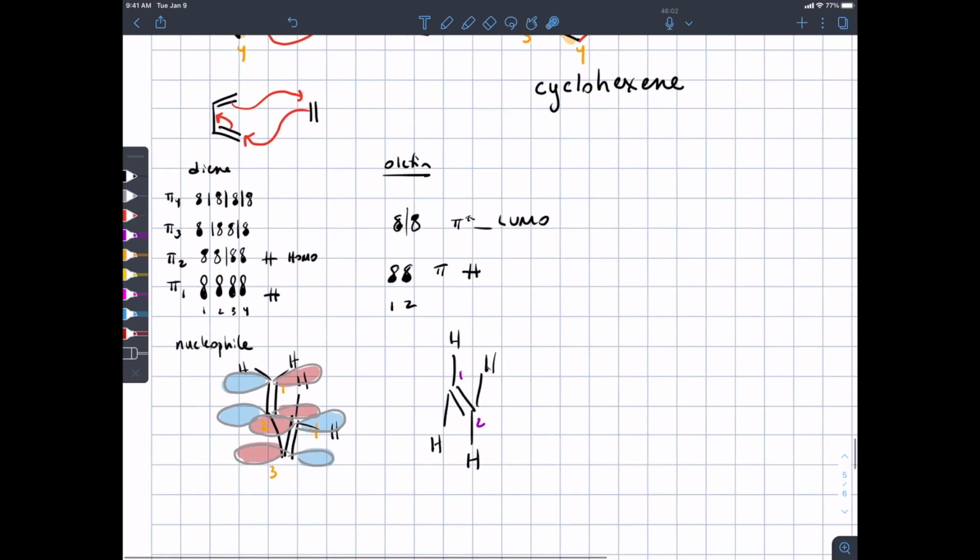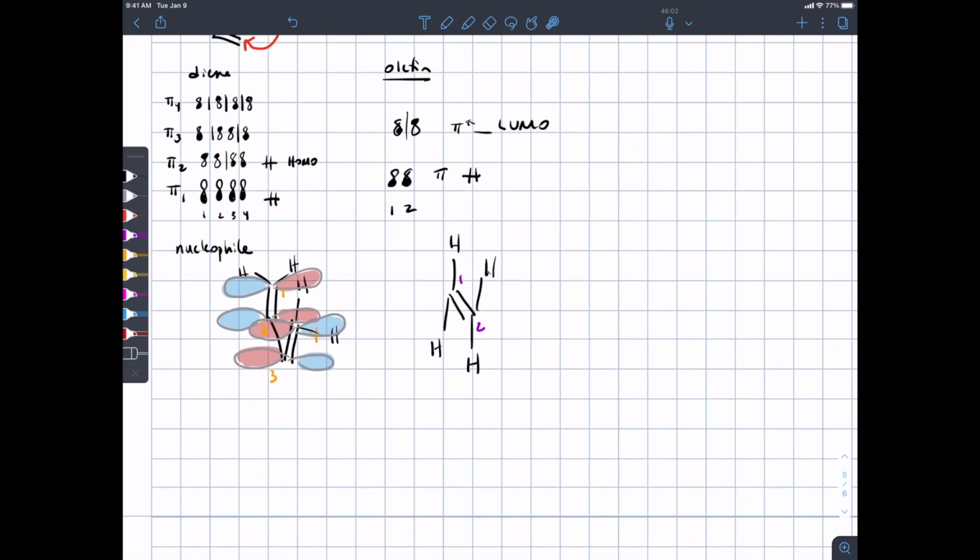So that node would bisect the butadiene if we were looking at it from the top, but now we're looking at it on its edge. I realize that's messy, but do you get the gist? Okay. Now let's draw the LUMO on the olefin.